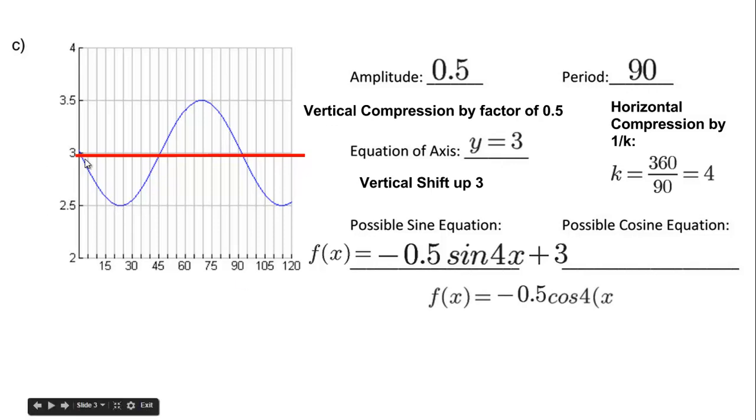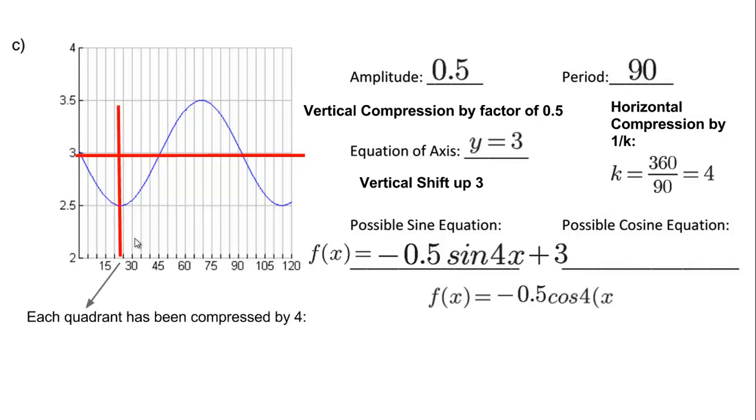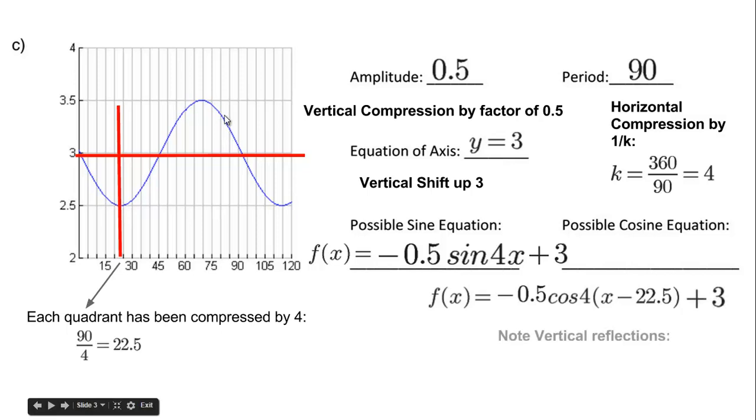So we're actually going to break 90 up into 4 parts and shift it to the right 22.5. We actually use a negative cosine curve to say that we're starting on the bottom and going up. Okay, we'll still have the plus 3.